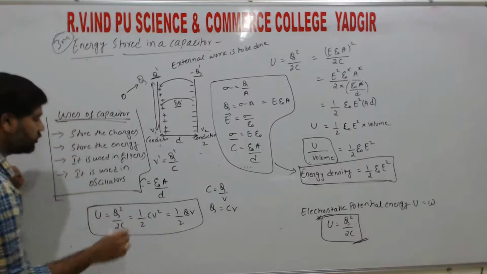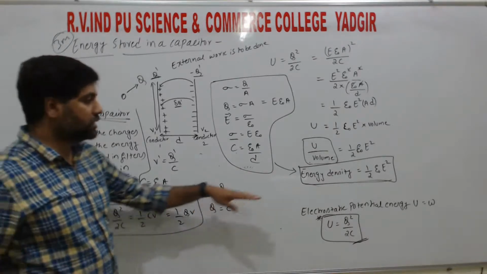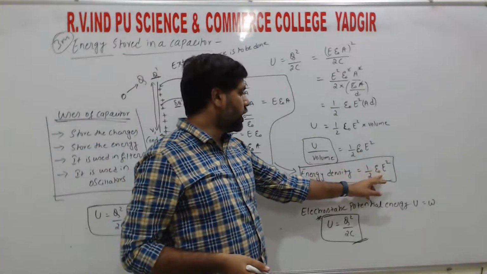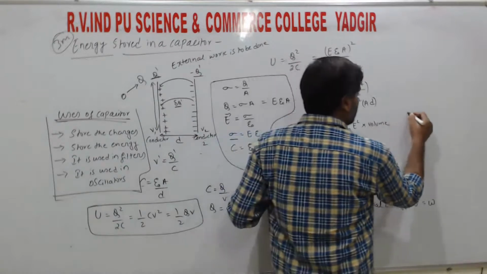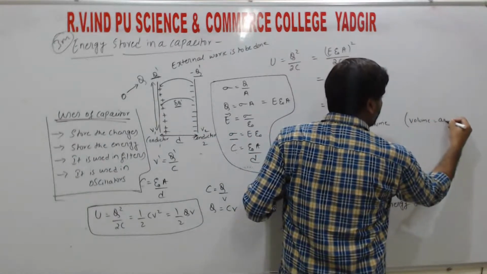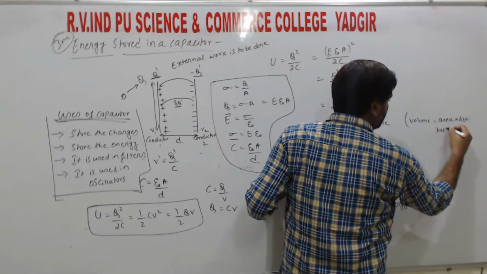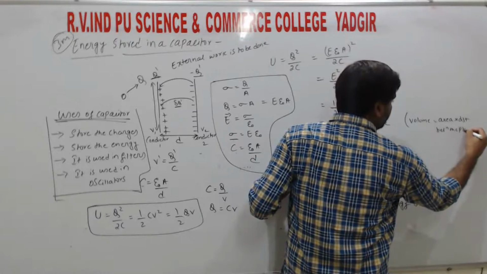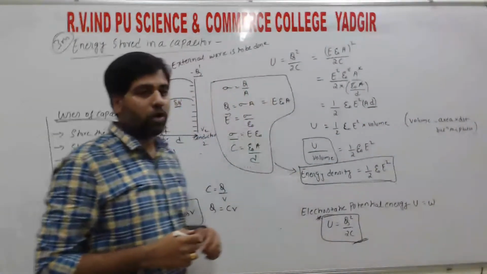These are the 3 forms of the energy stored in a capacitor, and energy density is 1 by 2 epsilon naught E square. Here we write volume, that is equal to area into distance between the plates. So A into D gives what? Volume.